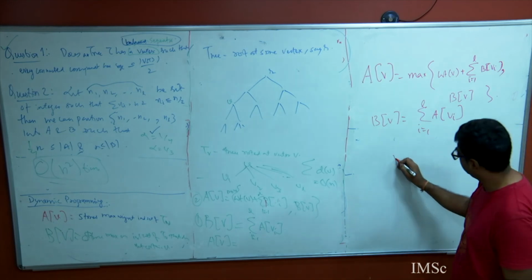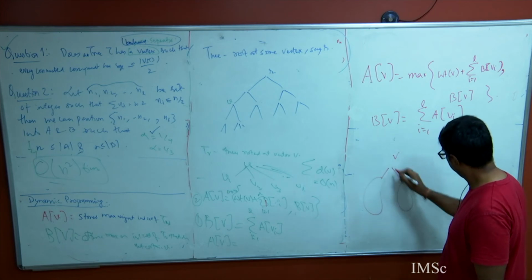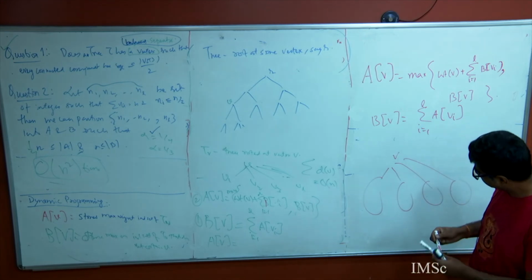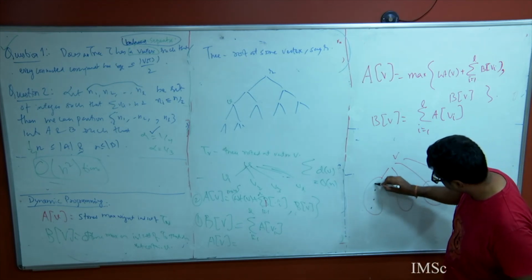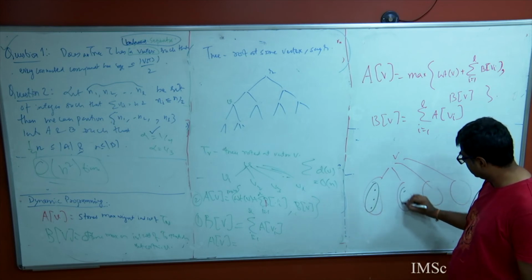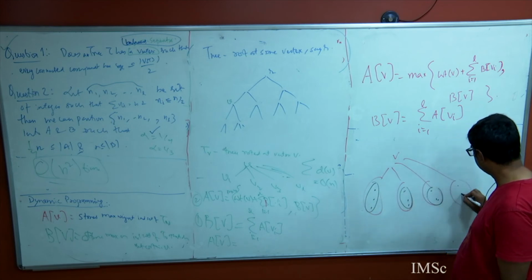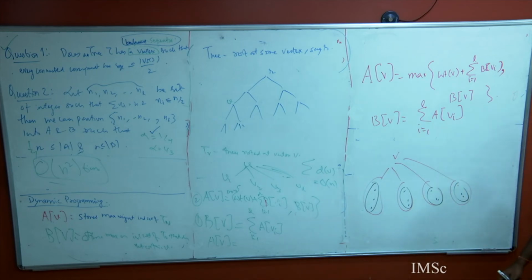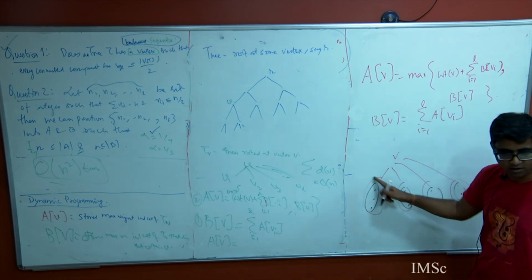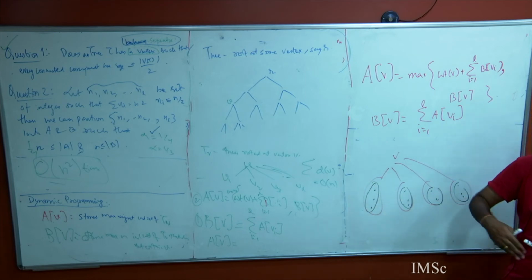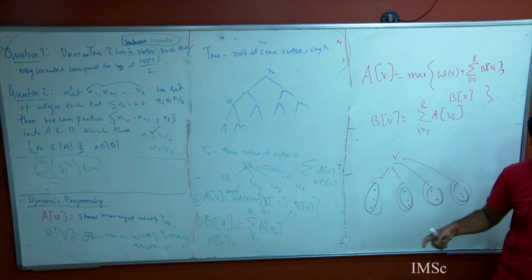So here is my tree. Look at the independent sets here. They are either contained in this part, or this part, or this part, or this part. And what does A_{V_i} compute? The maximum weight independent set here. So clearly, it is computing the maximum over all independent sets here.